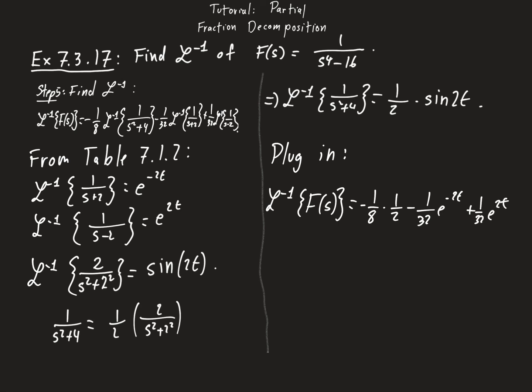And simplifying this all one last time gives us that this is equal to negative 1 over 32 times e to the negative 2t plus 1 over 32 times e to the 2t minus 1 over 16 sine of 2t. And this is the final answer to this problem.